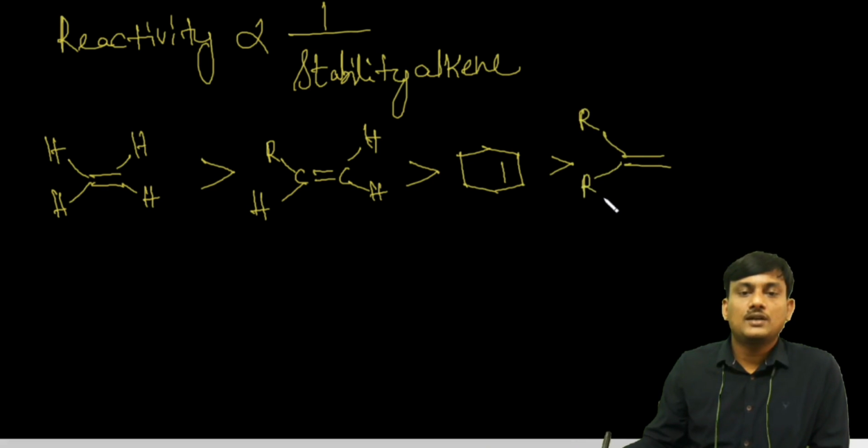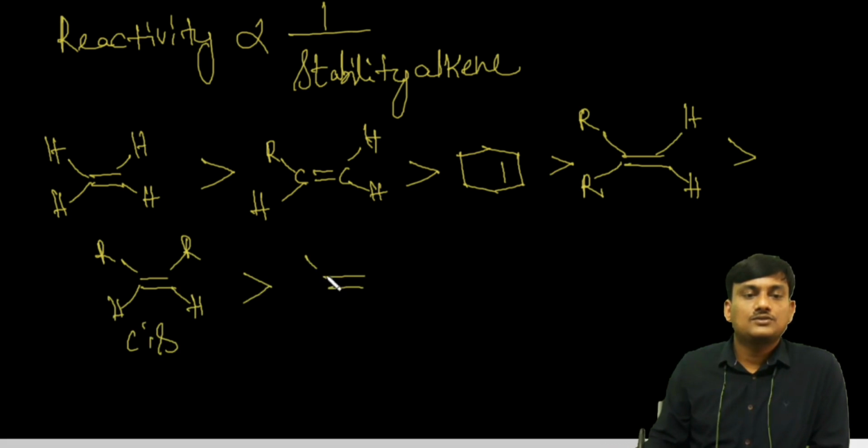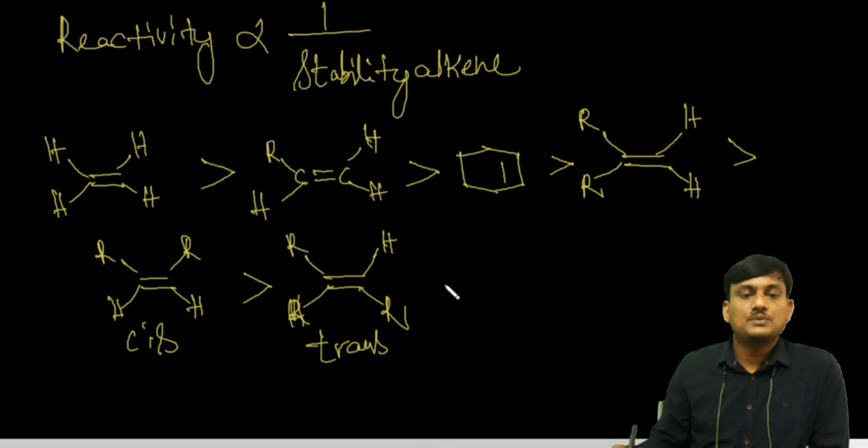Disubstituted alkenes: both groups on the same carbon, geminal, and another disubstituted alkene, the cis form, R, R and H, H. This one is cis disubstituted, and the next one is trans, with hydrogen, R and hydrogen, R. This one is trans disubstituted.